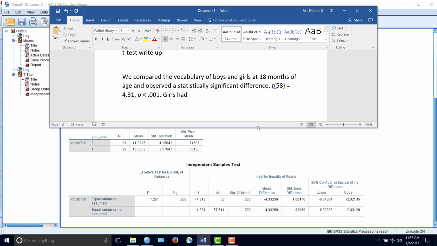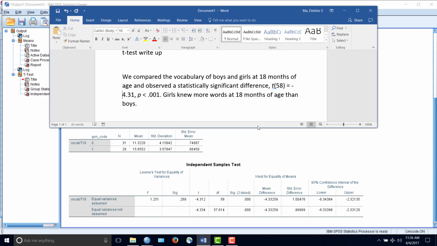Girls had a higher, or we could even say girls knew more words at 18 months of age than boys. We could also say girls had a larger vocabulary than boys. Boys had smaller vocabularies than girls. However you want to put that is fine.